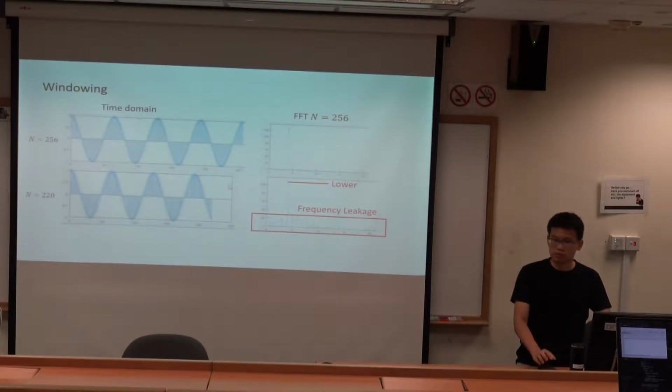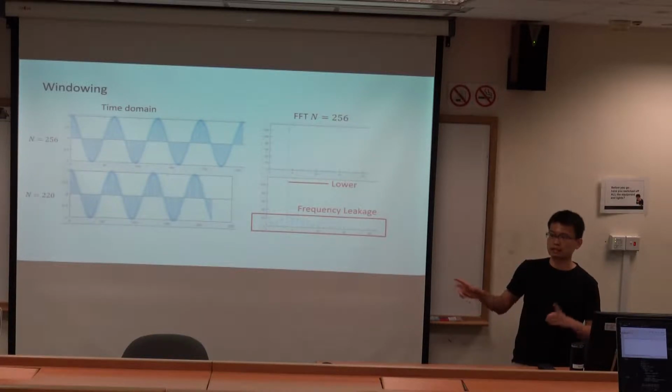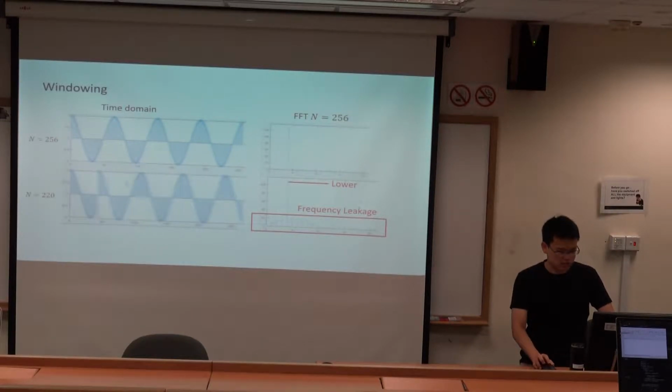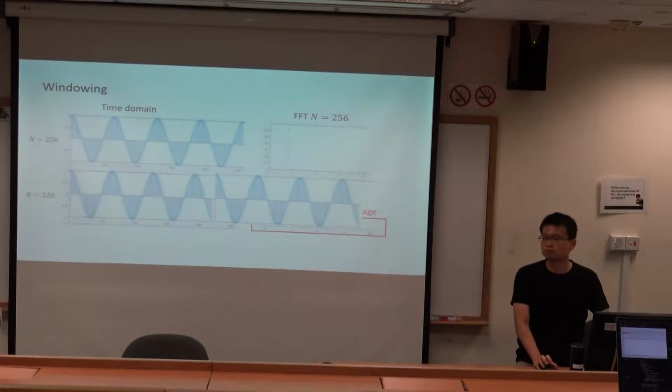Well, that is actually because in the DFT theory, we are assuming that the signal is of infinite length. So for a finite signal, we're actually shifting it to produce an infinite signal.